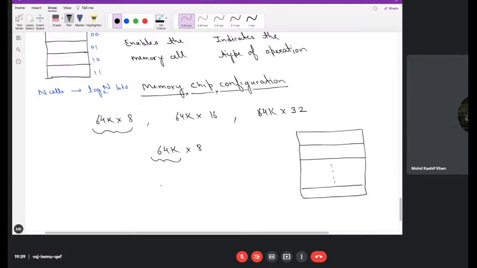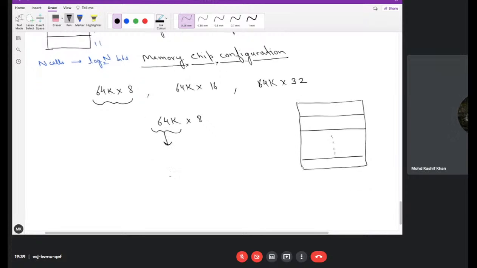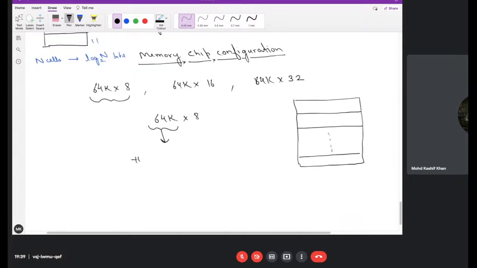So this first part represents the number of cells in the chip, and this part represents the cell size, that is, the actual size, how much data can be stored in the cell.